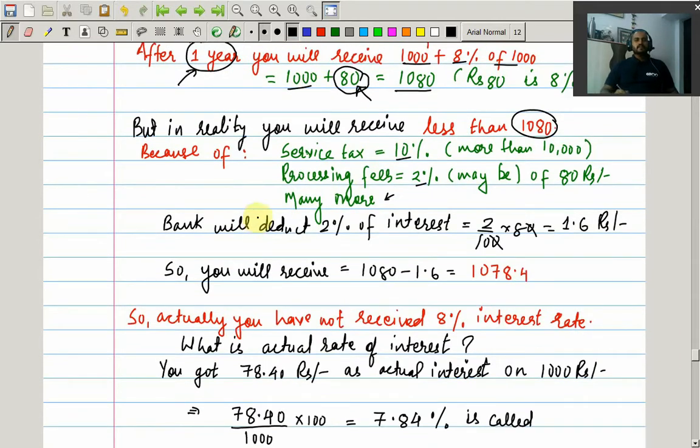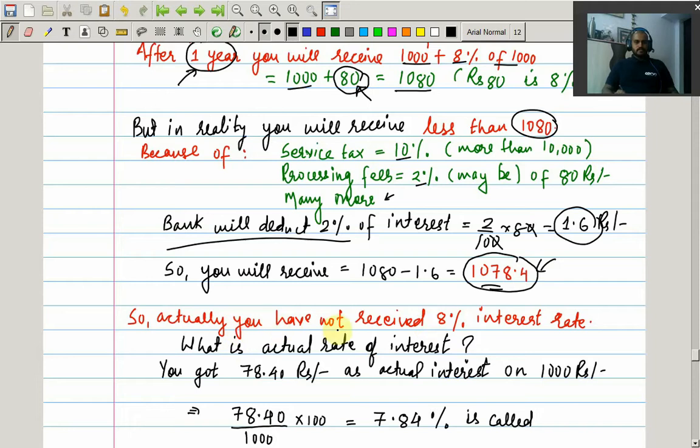So that 8% which we see in the advertisements is a nominal rate of interest. Bank will deduct 2% of interest, so 1 rupee and 60 paisa. So it may happen that you receive this much amount or less than this, because I have included only one charge which is deducted by the banks.